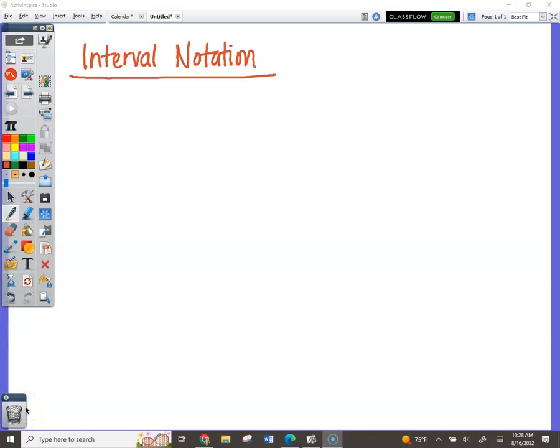Notation. Let's get the definition, let's talk about examples, and then let's practice.